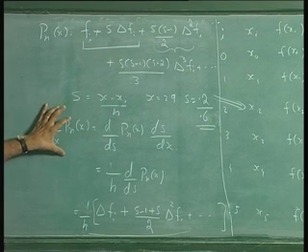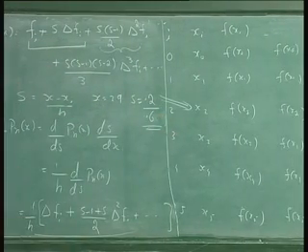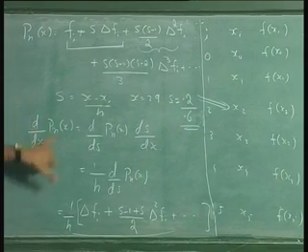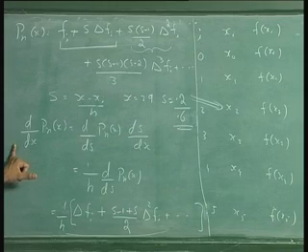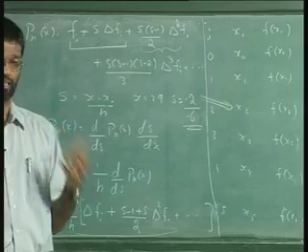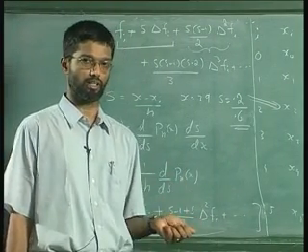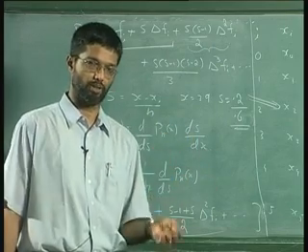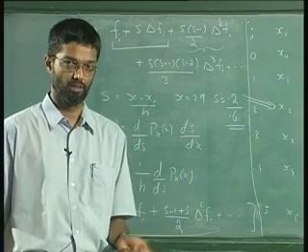One way, as we just saw, is to construct a polynomial and then take the derivative. Another way is to convert this operator d by dx itself into a difference formula. So there are two things you can do. One is to take my set of discrete data points and make that into a continuous function by getting an interpolating polynomial, and take the derivative of that function at any point I want.